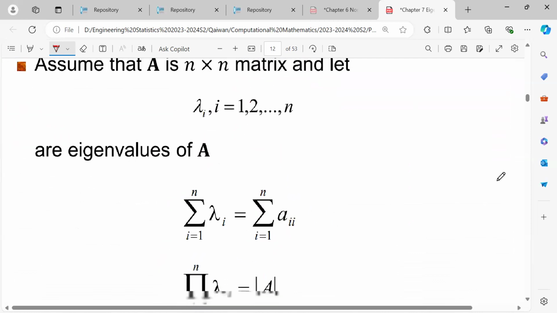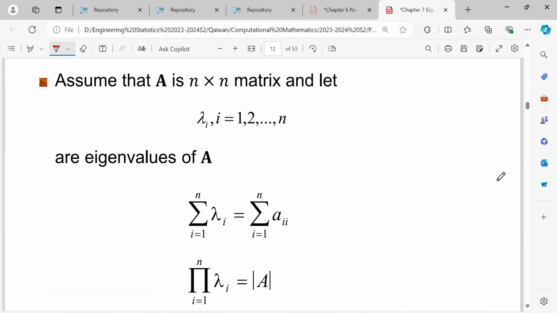Here we have a theorem, and this theorem says: let A be an n by n matrix, and let lambda i be its eigenvalues, i from 1 up to n. As you have an n by n matrix, you must have n eigenvalues: lambda 1, lambda 2, lambda 3, up to lambda n.